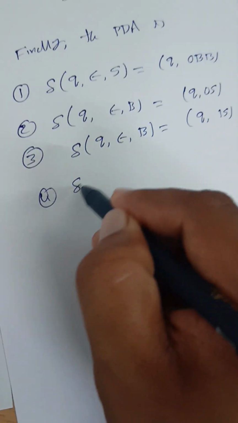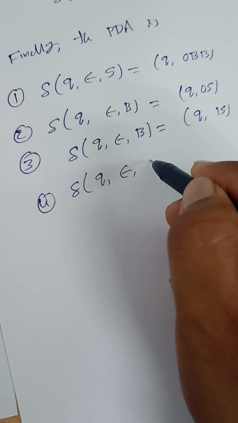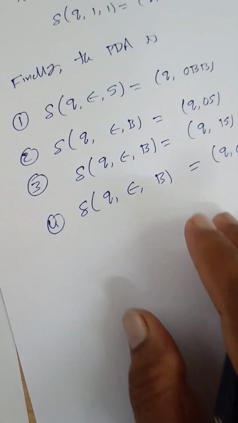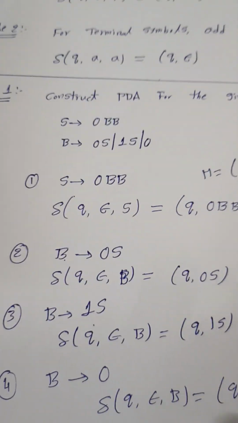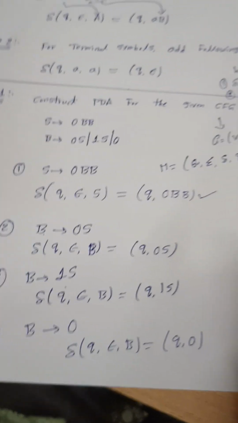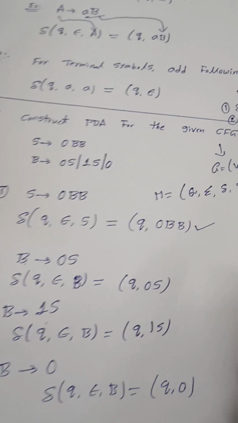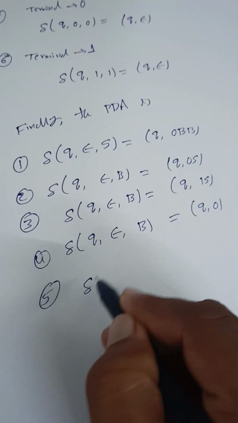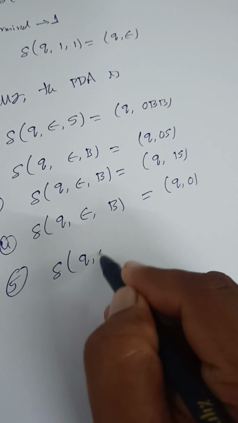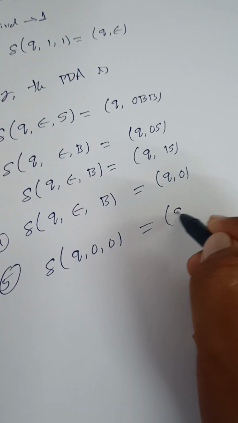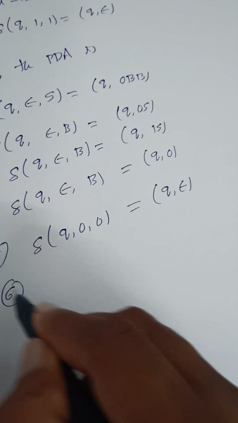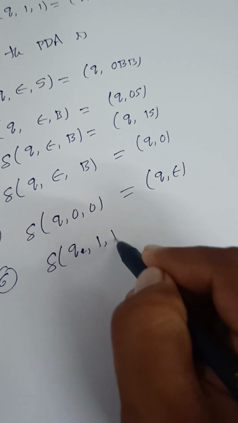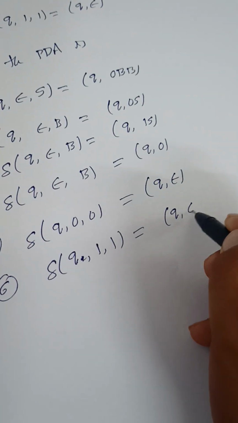Fourth, delta of q comma epsilon comma B is equal to q comma 0. Next, the fifth one, for terminal symbol 0, delta of q comma 0 is equal to q comma epsilon. Sixth, delta of q comma 1 is equal to q comma epsilon.